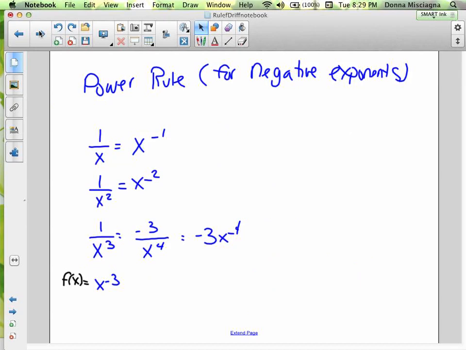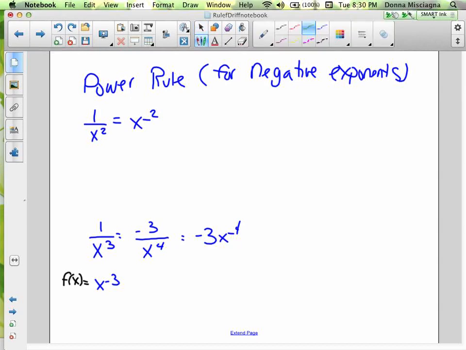If I have 1 over x, that's equal to x to the negative 1. So let's find our derivative here. Oh, shoot, we already did that on the other page. I just did that one, so let's do this one. We have 1 over x squared.